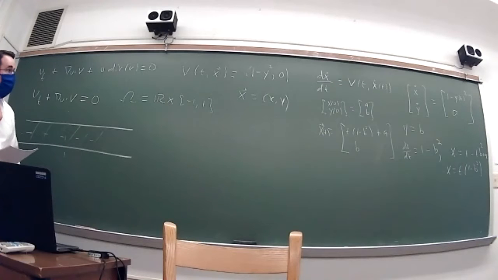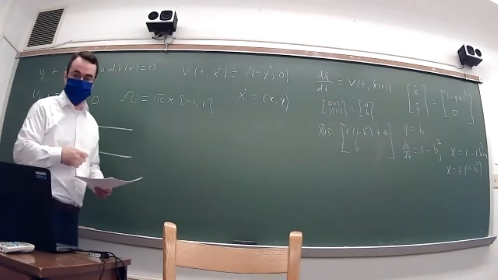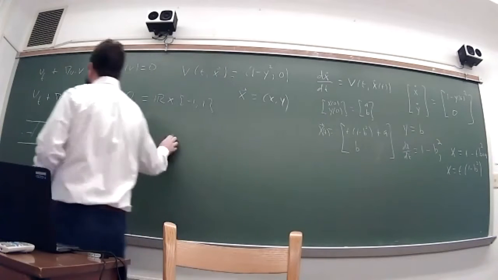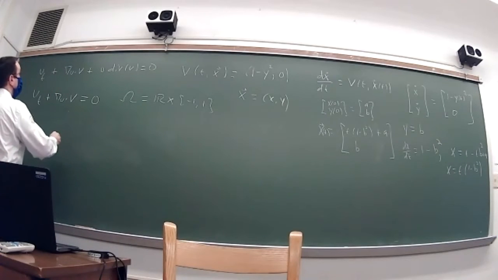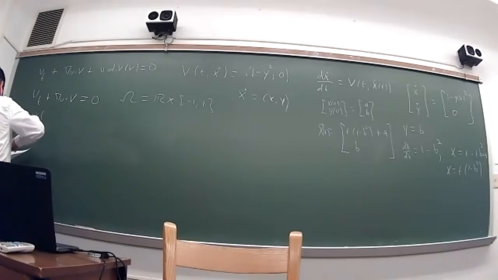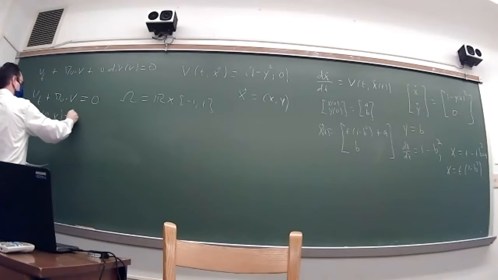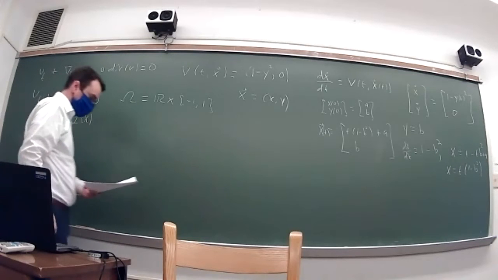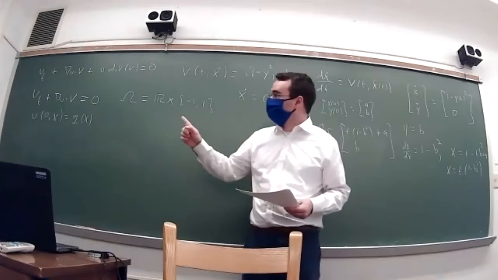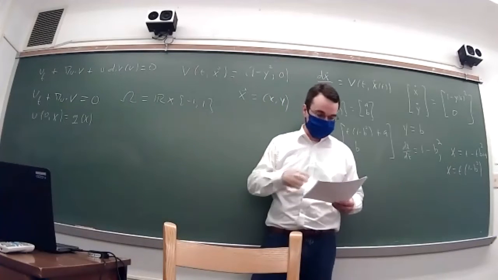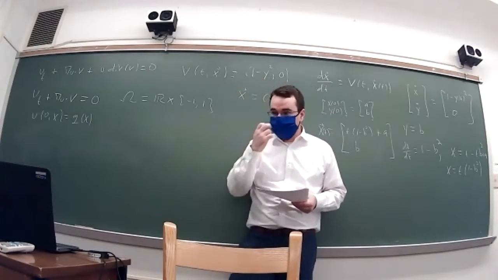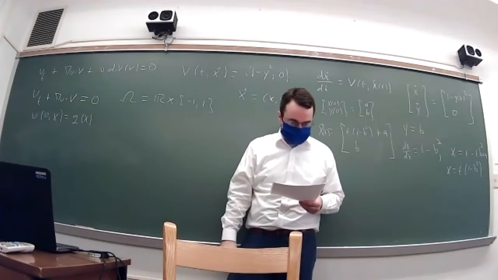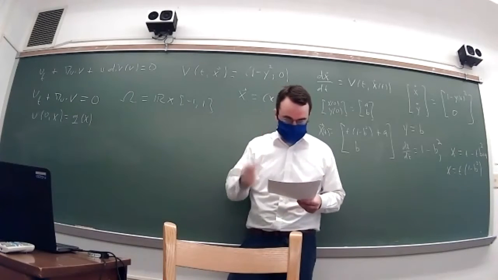Let us solve this equation with this determination of velocity, but we also need an initial condition. So let us take u of x at time 0 to be some prescribed function g of x. And let us solve this with the method of characteristics.